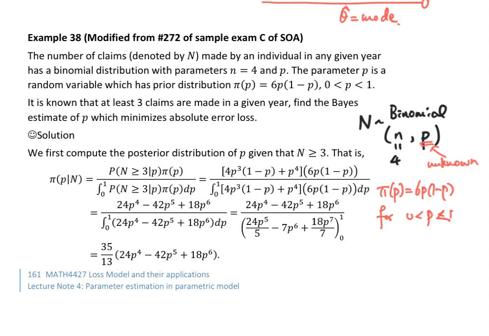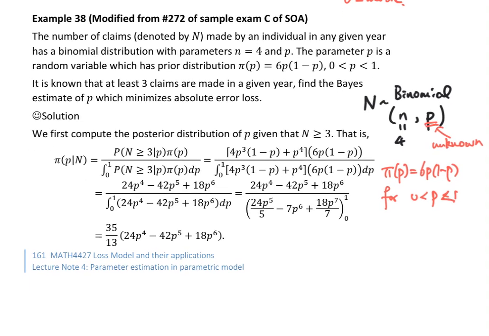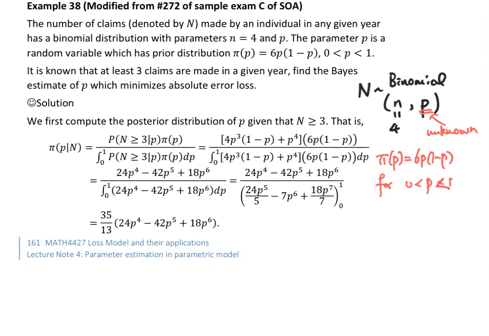Now let us consider this scenario. Suppose 1 year has passed, and I find that there are at least 3 cakes made in this year. So that means N1 is greater or equal to 3.